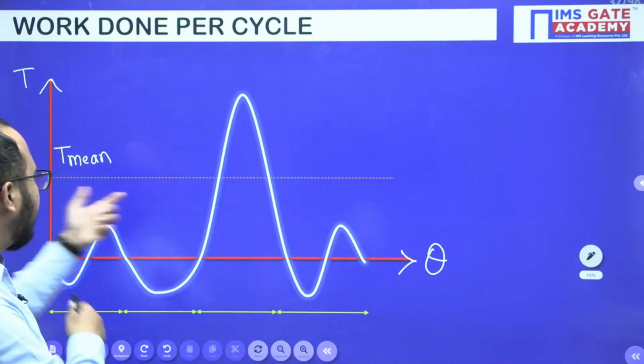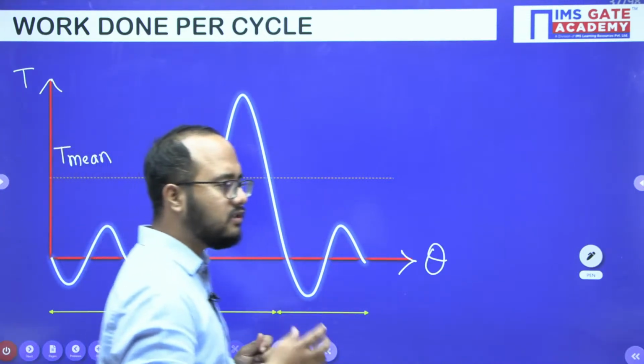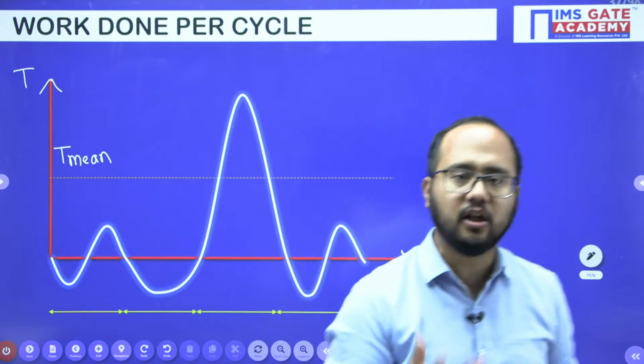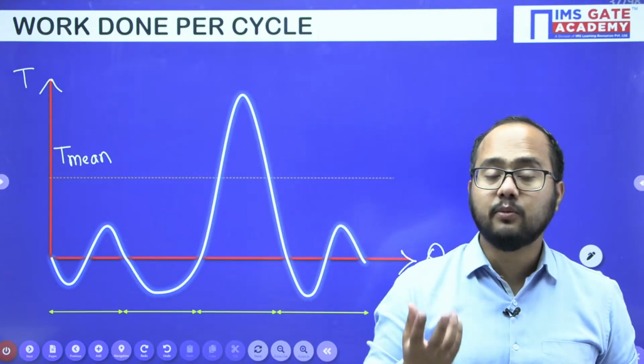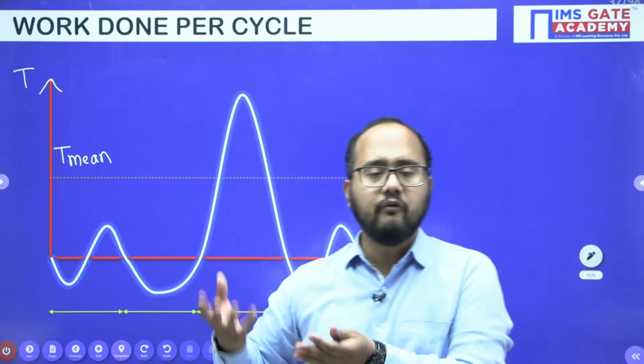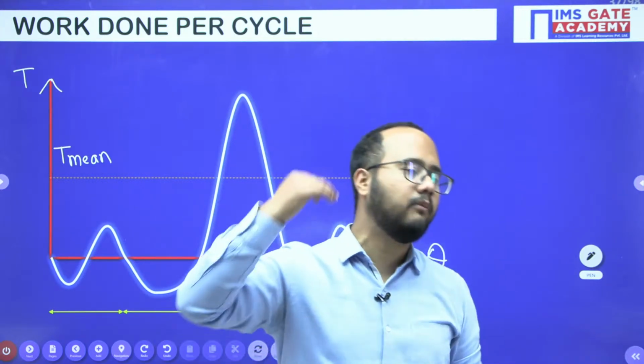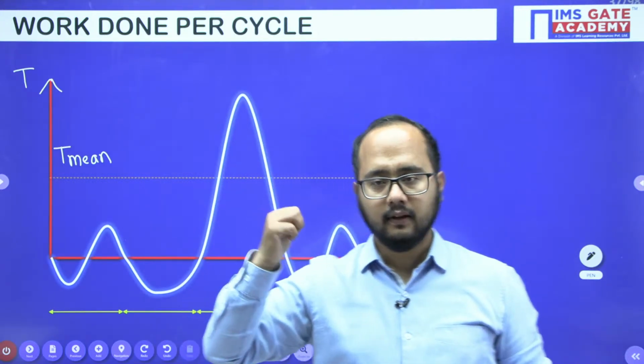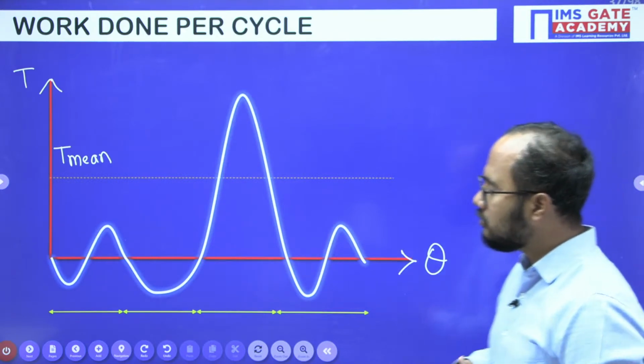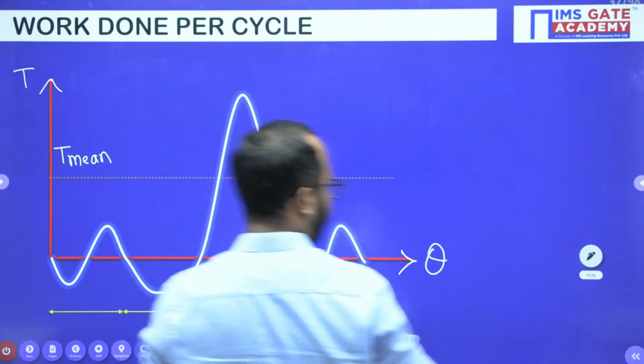And what is this mean torque? Mean torque is the torque which is just required to run the engine. Now let's suppose if you want to accelerate your vehicle, obviously the torque has to be more than the mean torque. Clear? So first of all, you should understand such kind of variation is there.